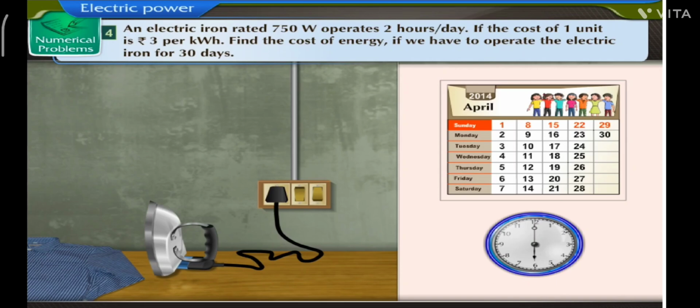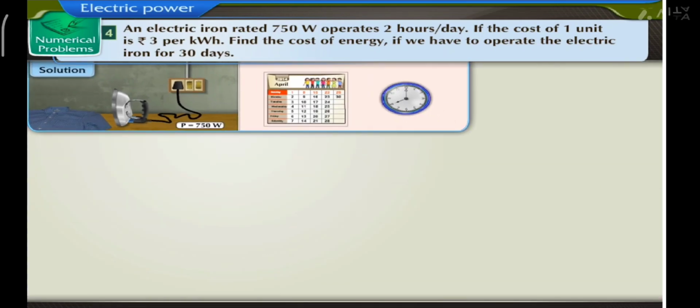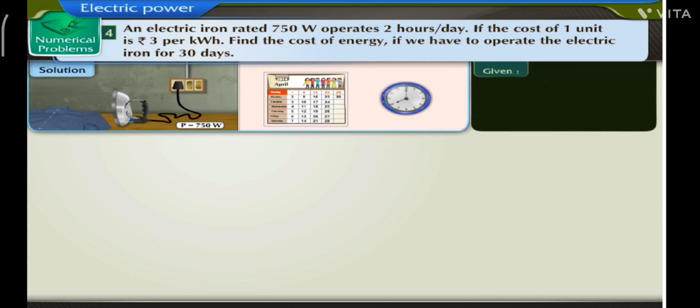4. An electric iron rated 750 watts operates 2 hours a day. If the cost of 1 unit is 3 rupees per kilowatt hour, find the cost of energy if we have to operate the electric iron for 30 days. Solution. Let us first write the given data. Given power rating of the iron, P is equal to 750 watt. Time interval of daily operation, T, is equal to 2 hours.